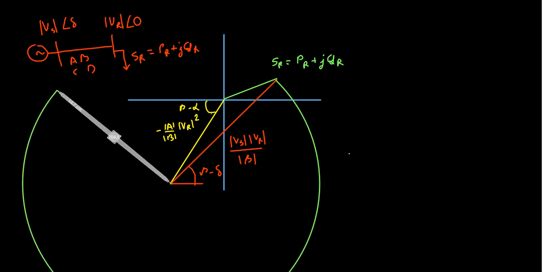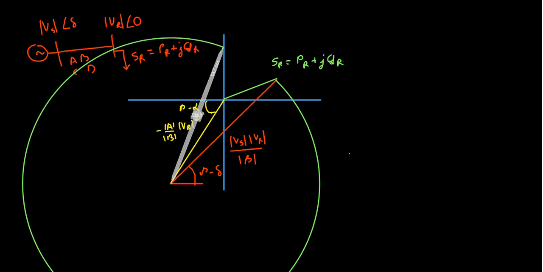Now of course P cannot go negative, so whatever is P, that can go only up to this point. Okay, so as I change the angle delta, now this is my new radius.